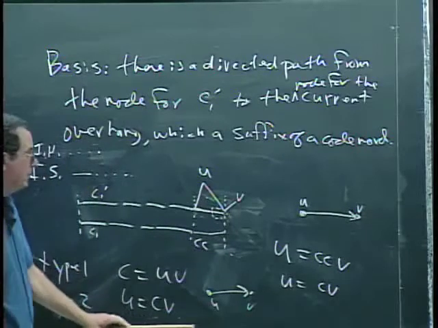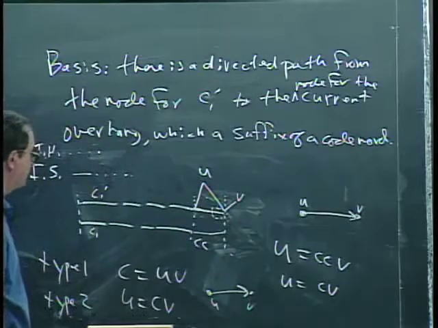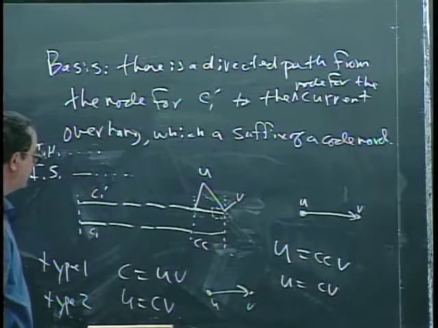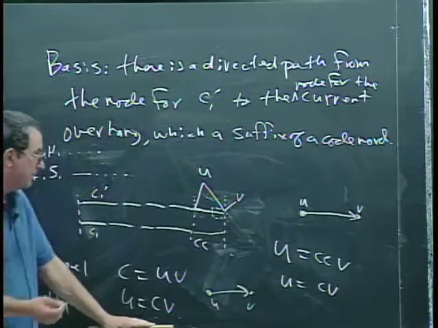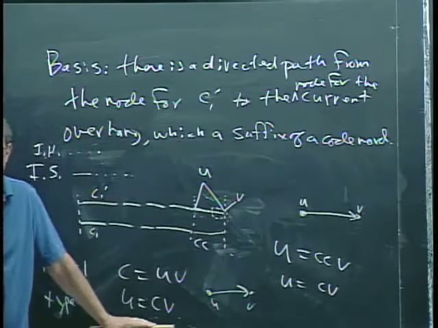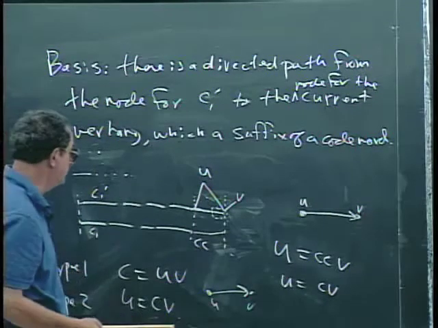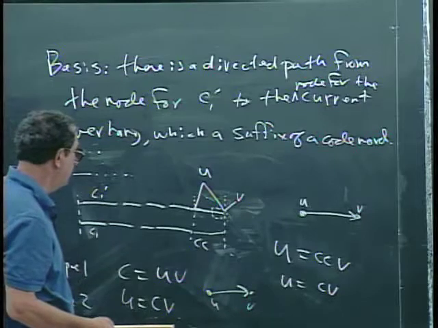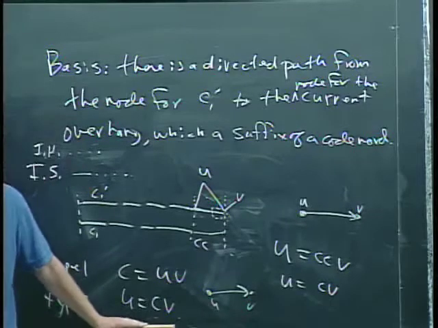Okay, so in that case, we want to see that the path that we've been building up in fact runs to a node that represents a code word.